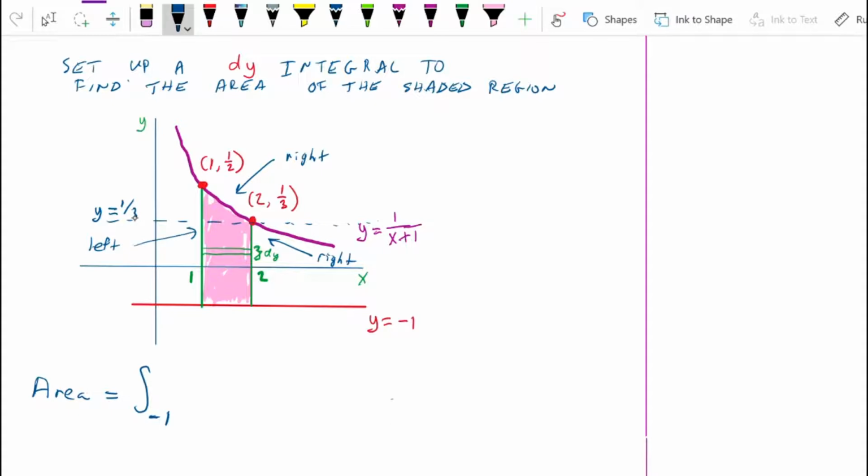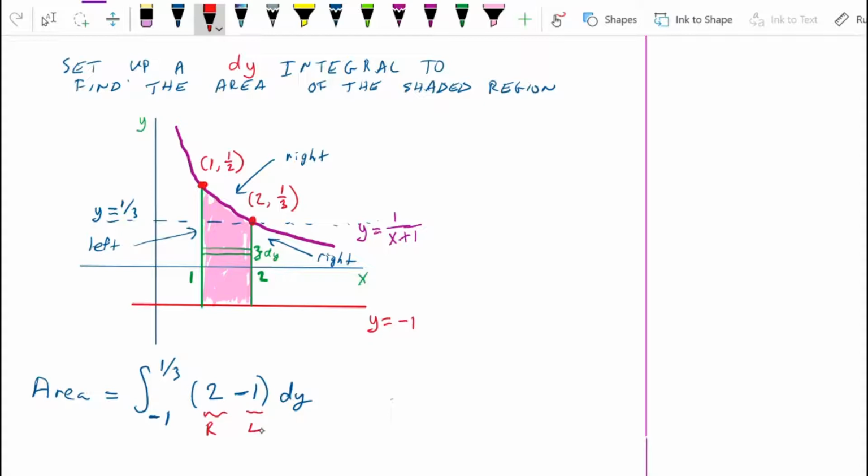That's the horizontal line that we're integrating up to. And as you can see, the right function is just x equals 2 and the left function is x equals 1. We barely need an integral for this, but we're going to write it out formally anyway. So you can see that this is the right function and this is the left function.